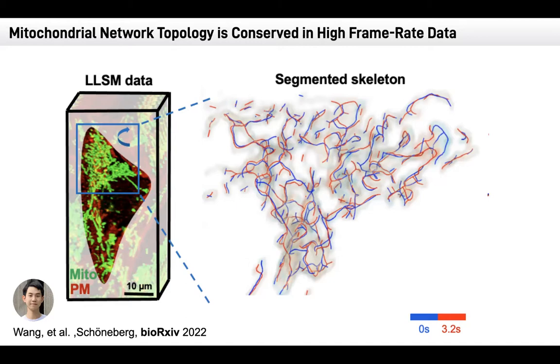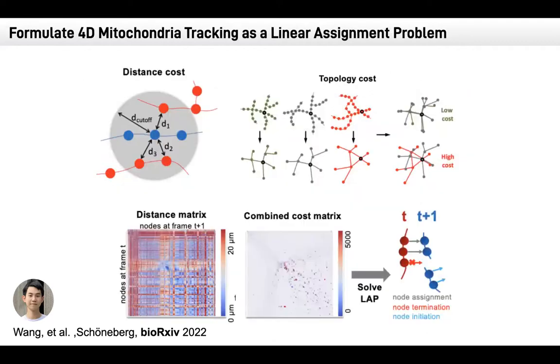So looking at distances is going to be very tricky. What you also see is that the overall topology of the network stays relatively constant. You still have a large chunk here that has moved a little bit, but it's still that large chunk. The same is true for the overall structure of the network; the topology is more or less conserved. So we had the idea to use the topology to devise a tracking tool for how the mitochondrial network moves.